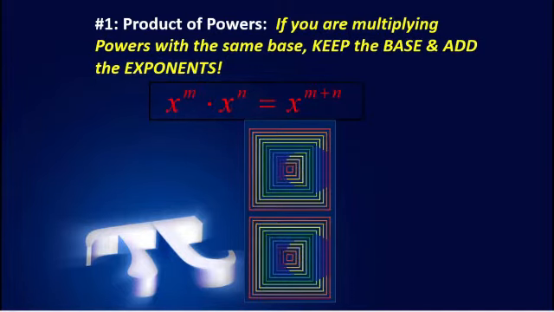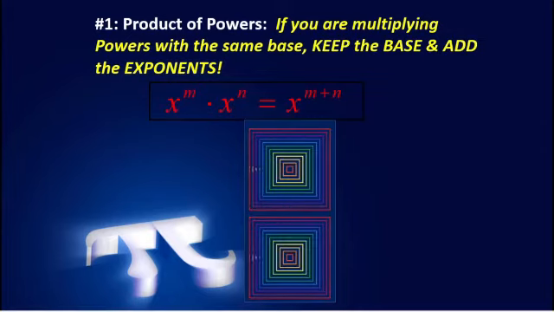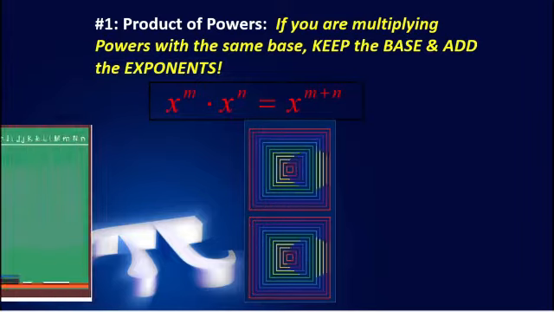Siguraduhin lang natin na same yung bases nila. Okay? So, ina-apply lang natin ito kapag same yung mga base. So, dito sa example natin, parehas x ang base. So, dahil parehas ang base nila, all you have to do is to add the exponents.